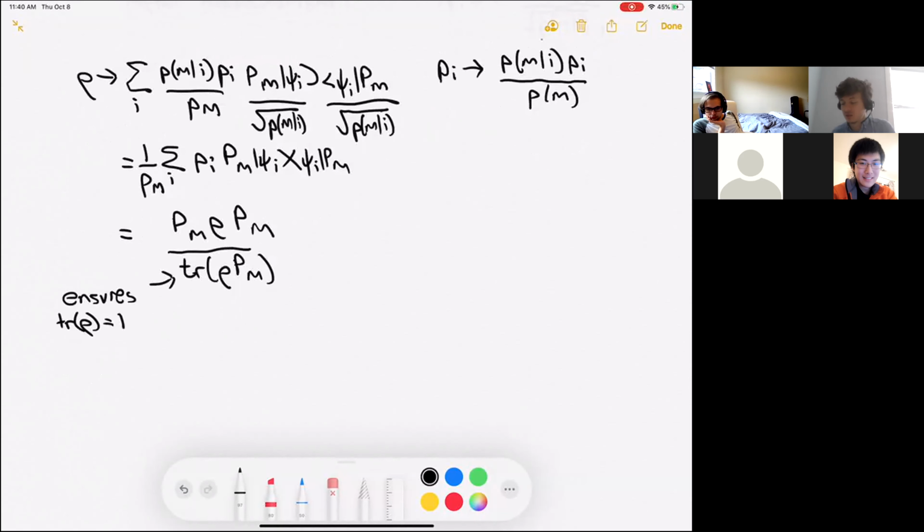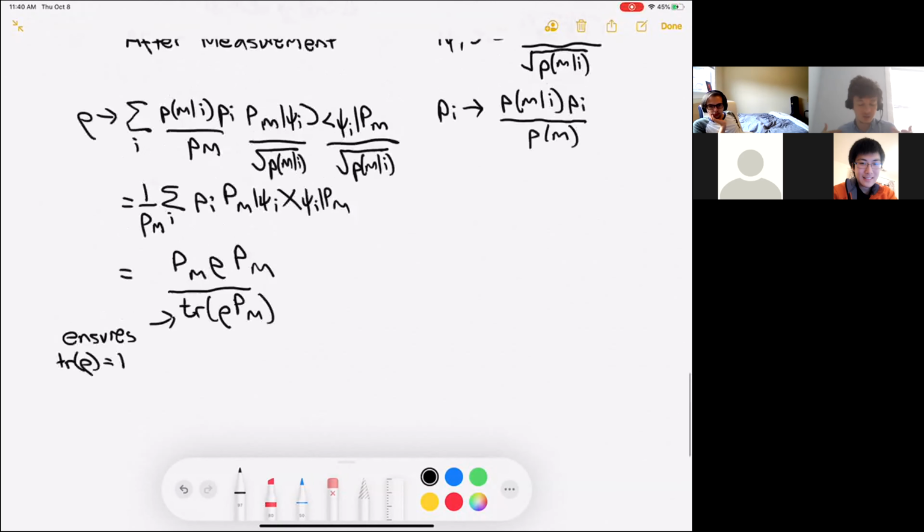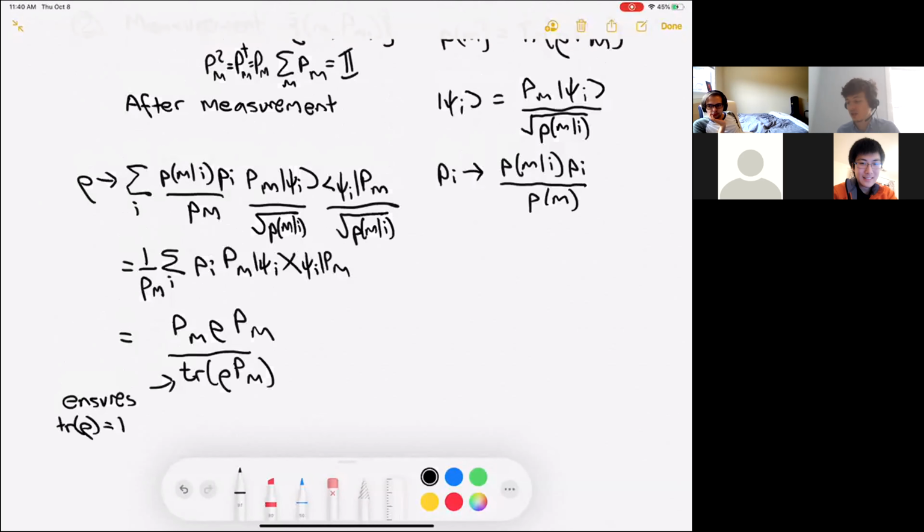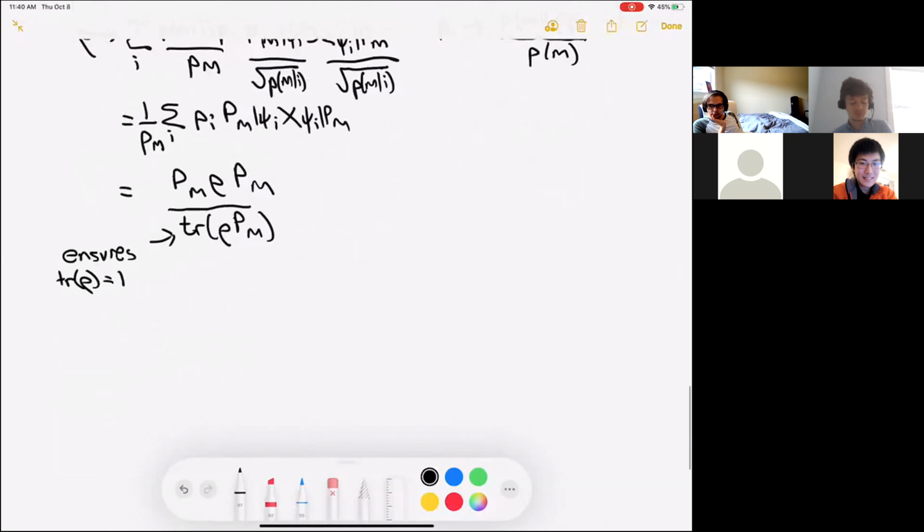Okay, so that's the rules for updating states if you have rho. As for an ordinary quantum state psi, if your m's are all real numbers, then there's a particularly simple rule for the expectation value of m.